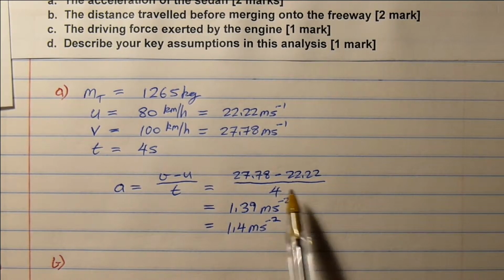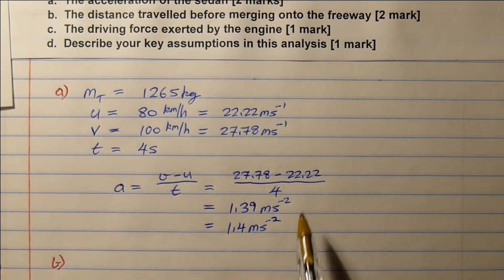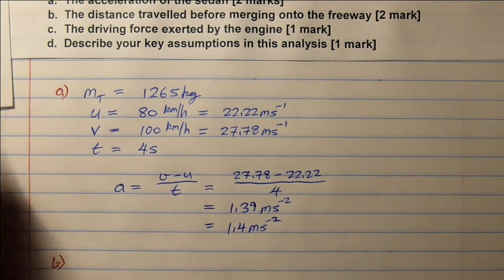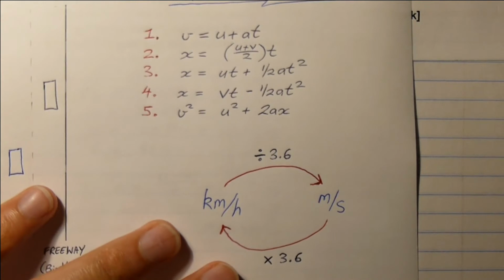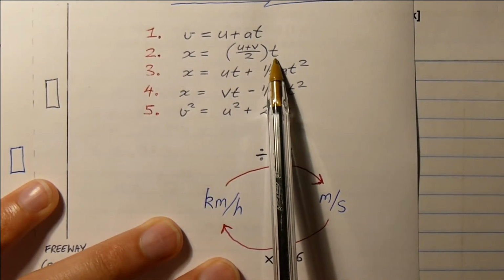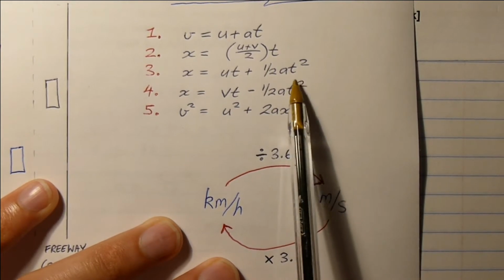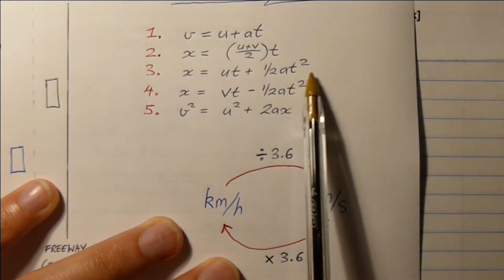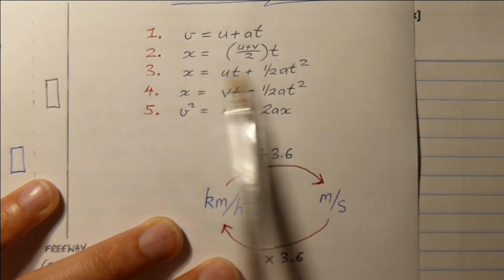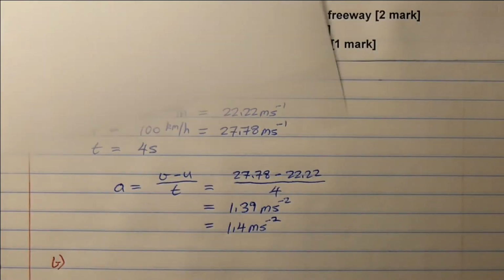You don't want to bring that one through. So what I'm going to do, we want to know x, the distance travelled, and we know u, v, and t, so I'm actually going to use the second one here. You could in fact use the third equation involving acceleration, and I might just do that as a double check for the answer.